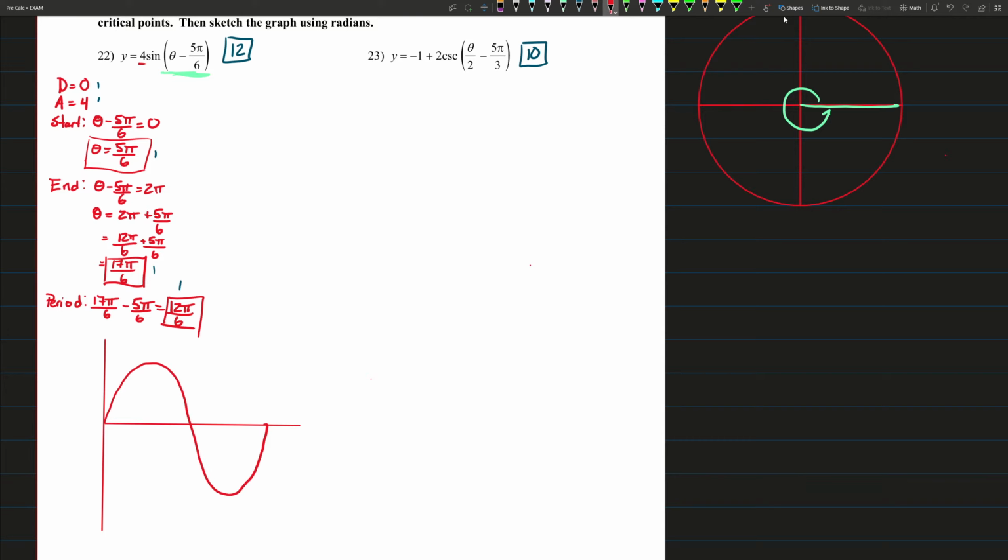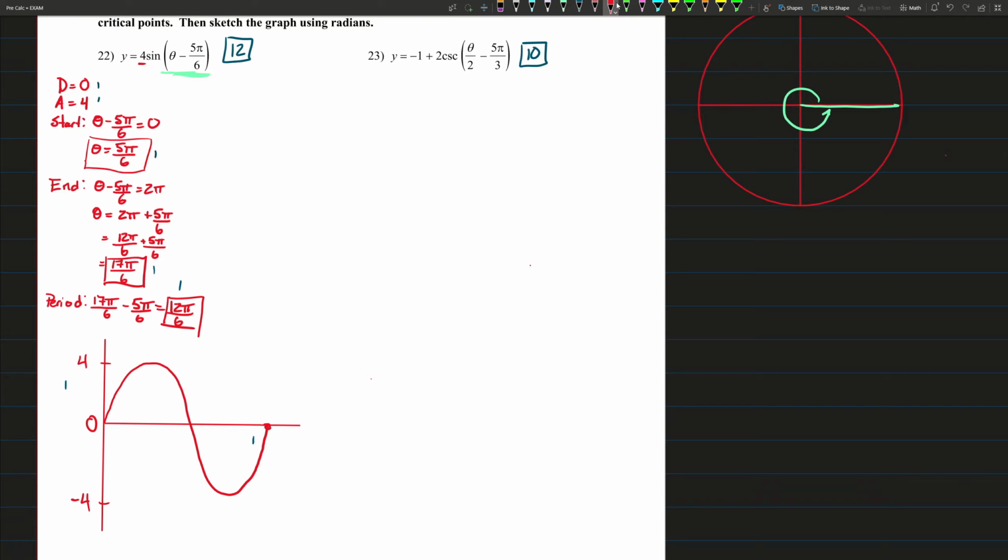Another one of these points is for setting up the amplitude in the starting position. So our vertical shift, that's 0. Our amplitude says we go up 4, and it says we go down 4. And then the rest is just setting up different points.